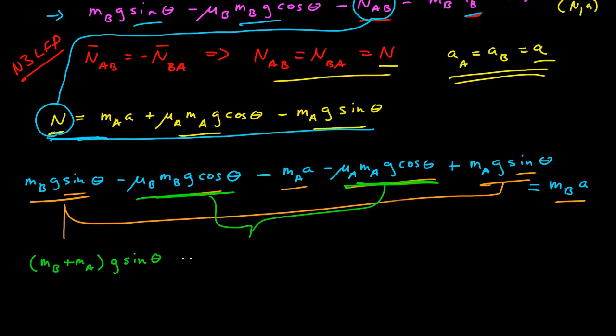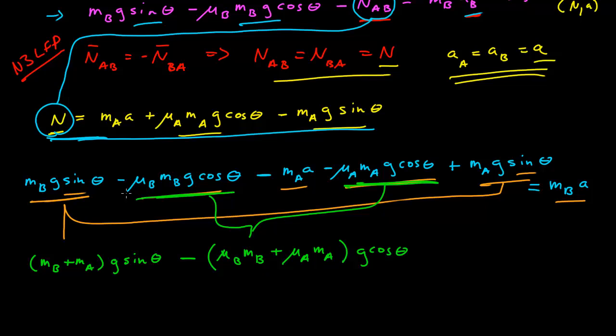And these two are both negative, so I'm going to subtract, then factor out a g cosine theta, and I get (mu sub b m sub b plus mu sub a m sub a) g cos theta.